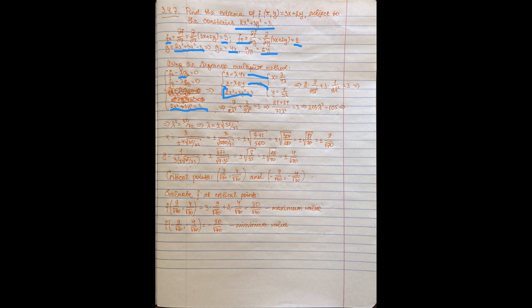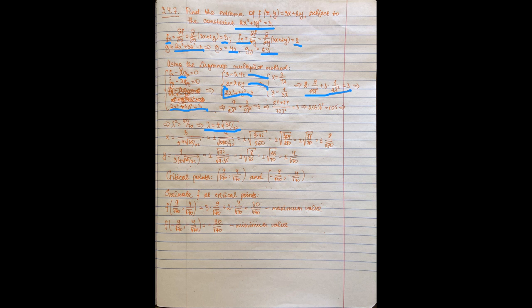So what I do next, I plug x and y into the formula for the constraint: 2x squared plus 3y squared is equal to 3, with x equal to 3 over 4 lambda and y equal to 1 over 3 lambda. This is just algebra. I solved the equation and got two values of lambda. At the end, I got positive and negative radical 35 over 72. So these are my two lambdas.